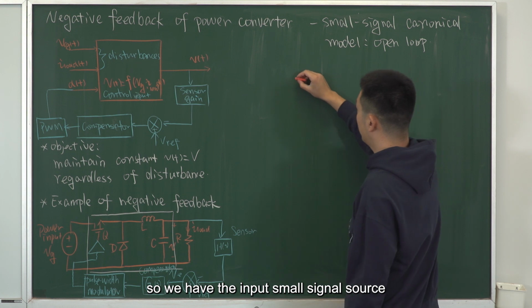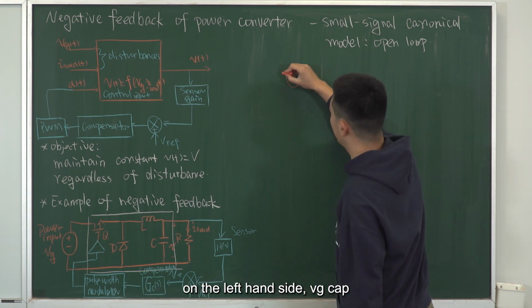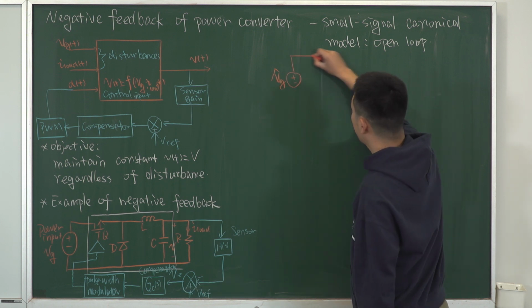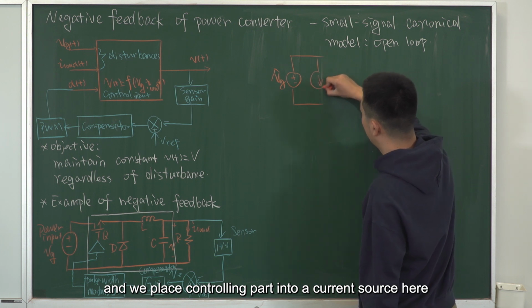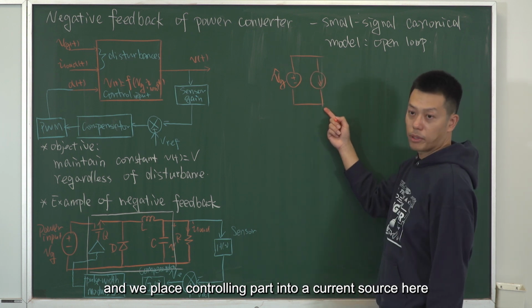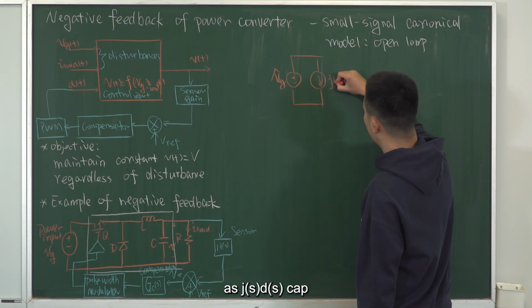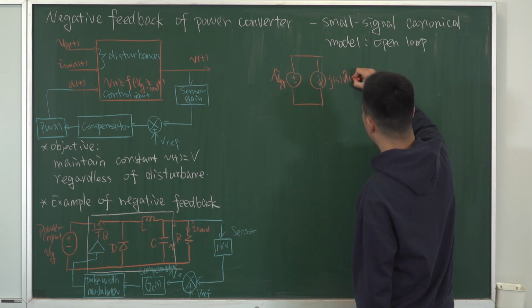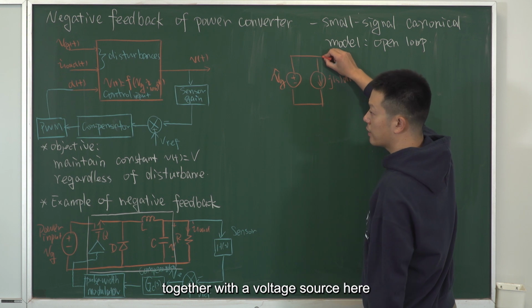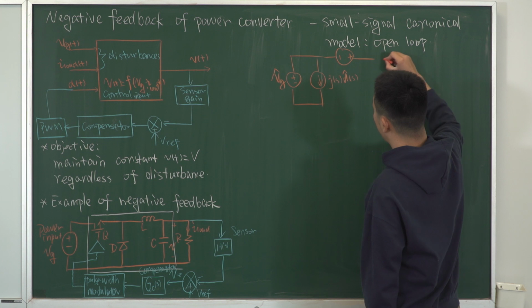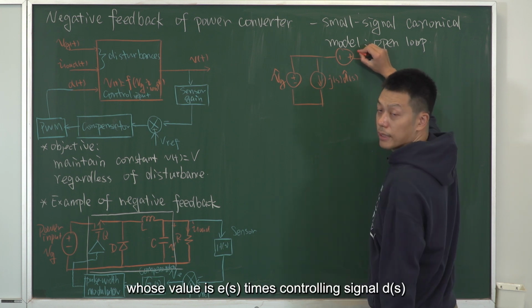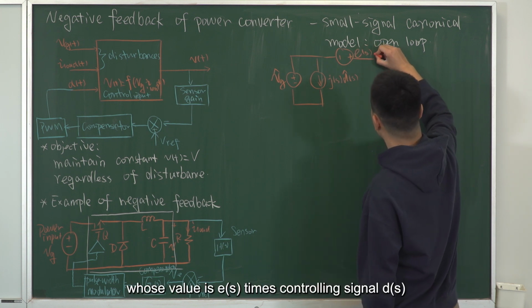We have the input small signal source on the left-hand side, vg cap, and we place the controlling part into a current source here as Js d cap, together with a voltage source here, whose value is Es times the controlling signal ds.